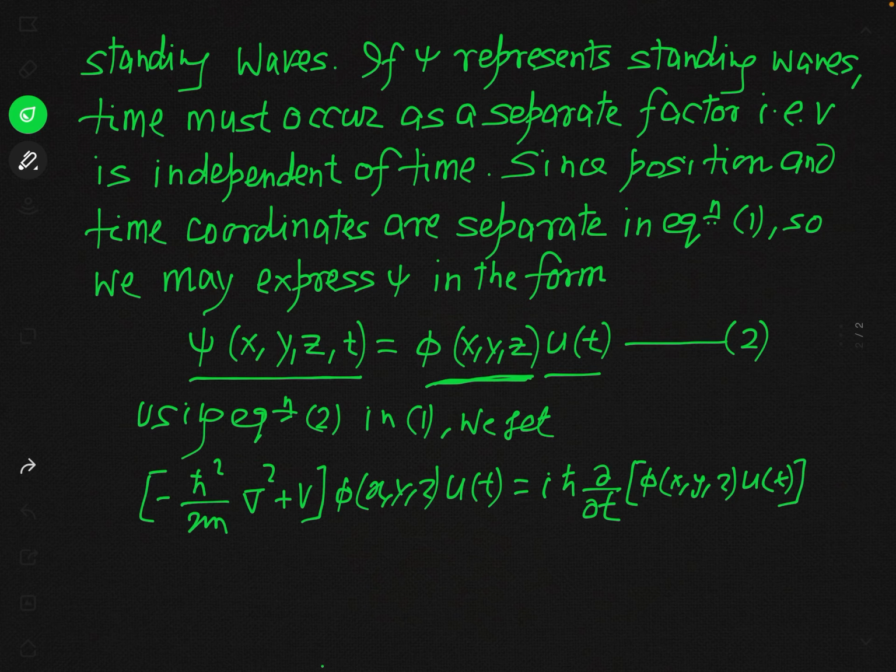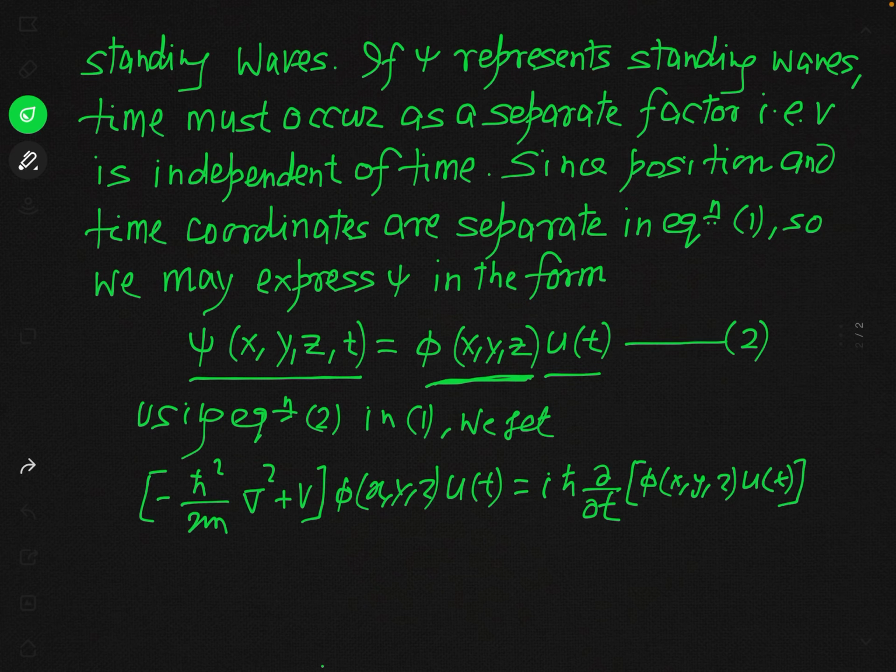Now you can see both sides of this equation contain functions of x, y, z and t. So to separate the variables, or to use the method of variable separation, we will do some algebra so that the LHS will be a function of only one type of variable and the RHS will be a function of another type of variable.